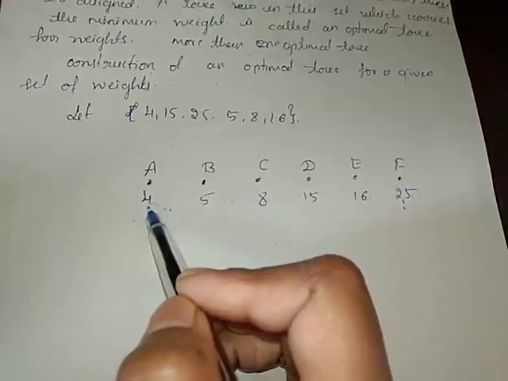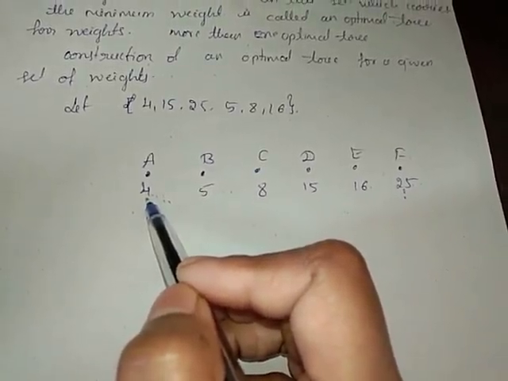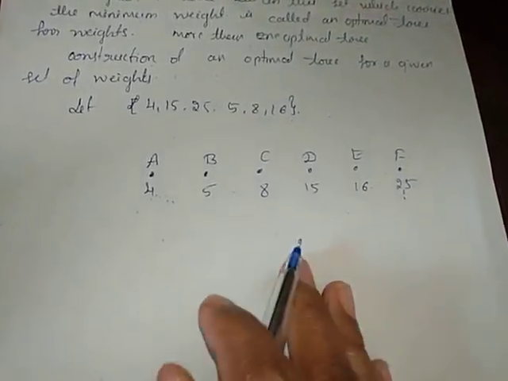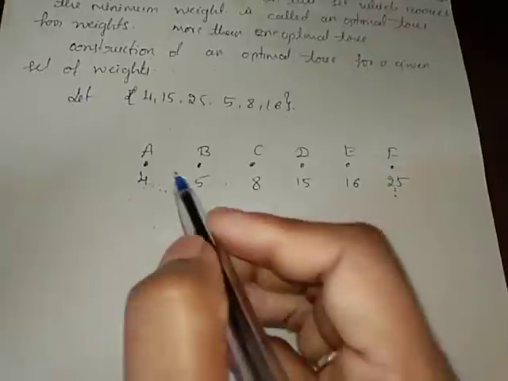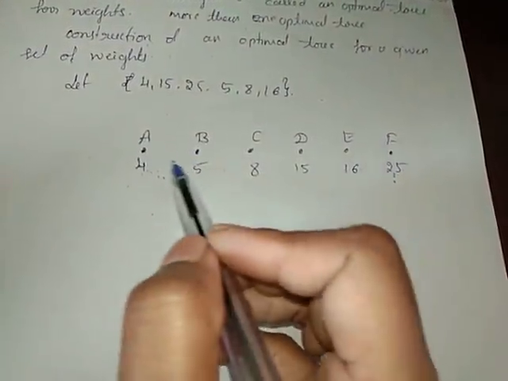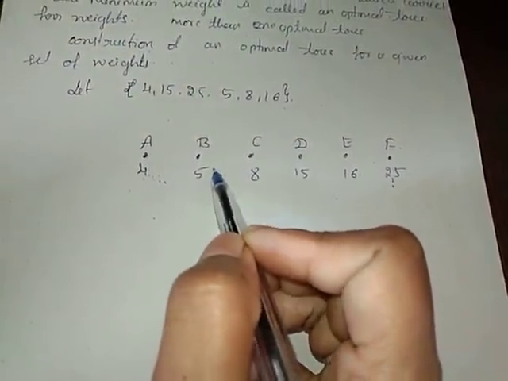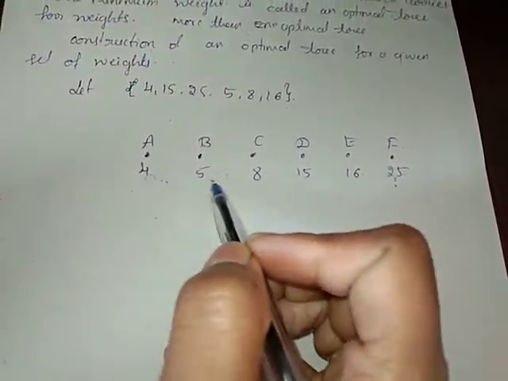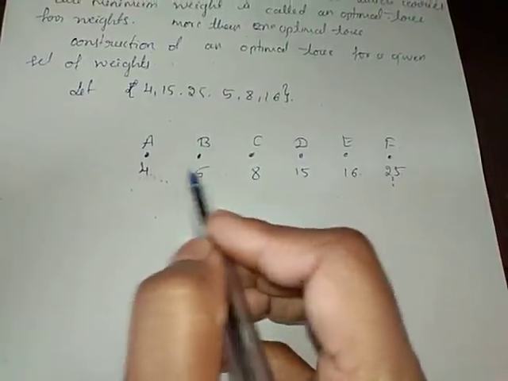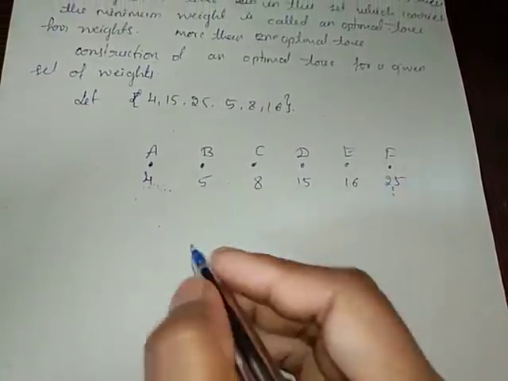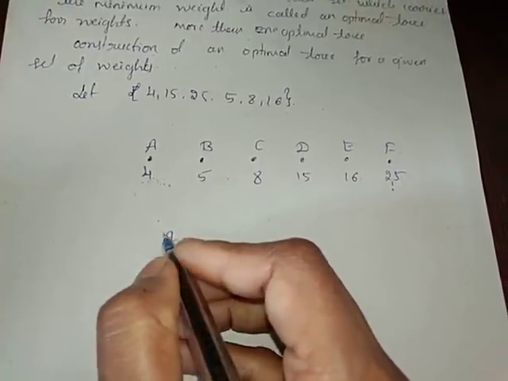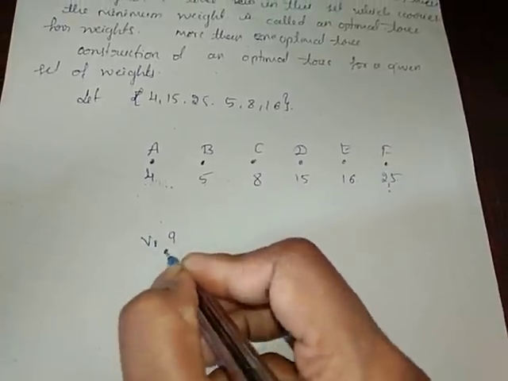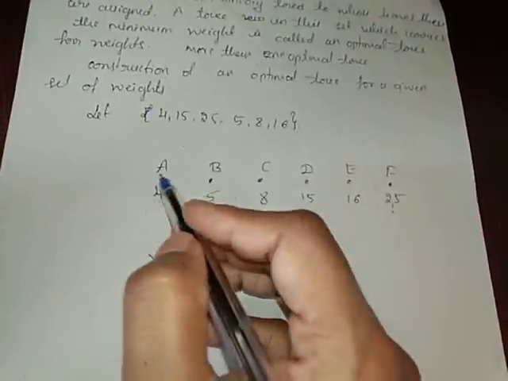Draw a tree with V1 as the root and A and B as its children.